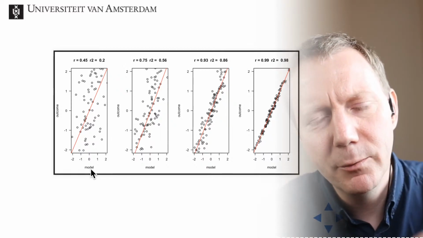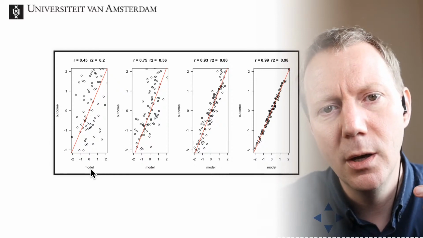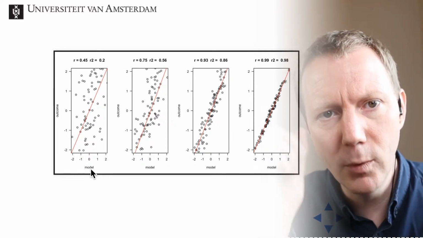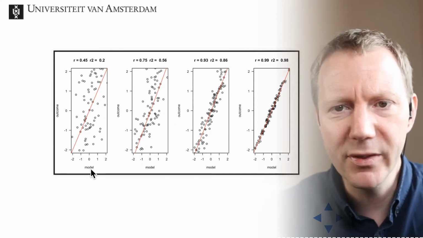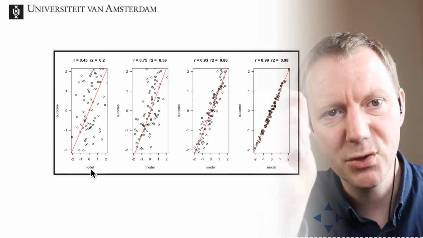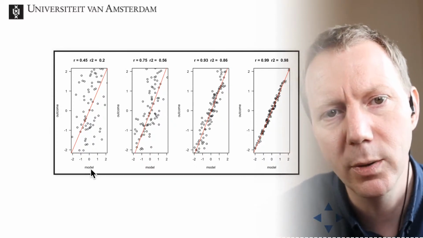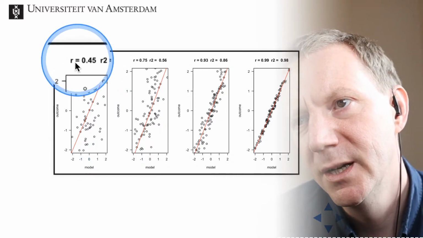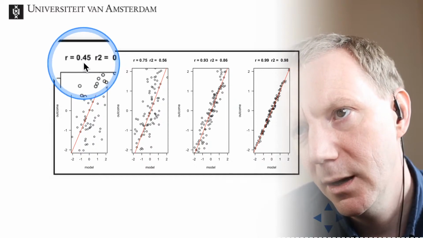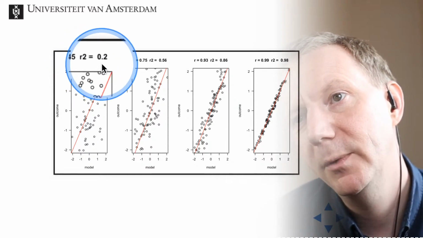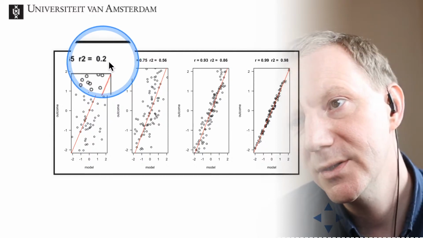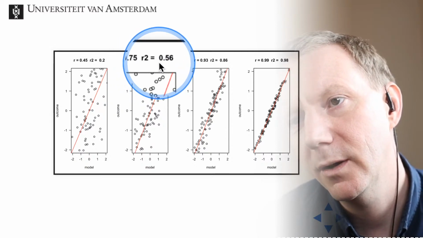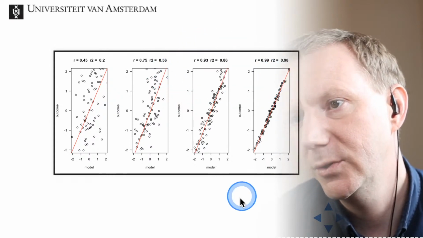This can be a bit confusing, especially in multiple regression, where you have a lot of predictor variables, but you can always get to one expected value, because your model as a whole, with everything you put in it, will predict the outcome, and that is just one number for each individual. So you can always plot your model expectation against the actual outcome, and that is what I've done here. This has a correlation of 0.45, and if we square that, we only have 20% explained variance, where here we have a somewhat higher correlation, with about half of the variance being explained, going up to the right.